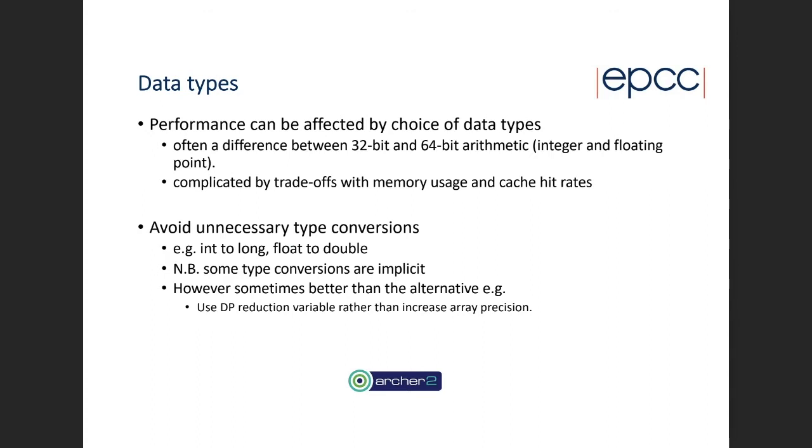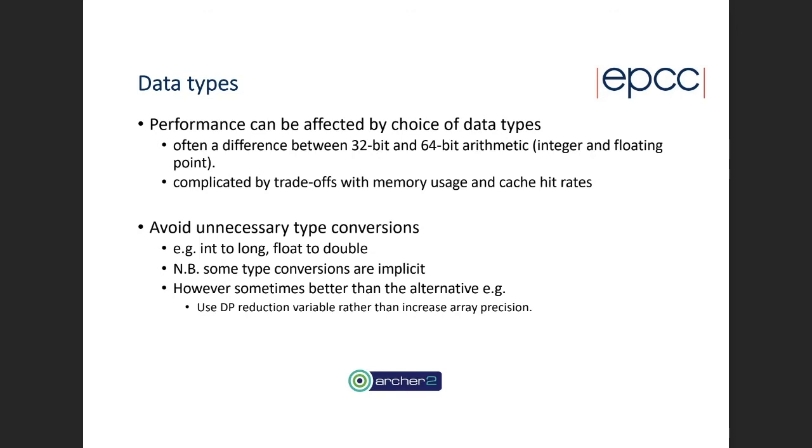Okay, data types. Your choice of size of data types can affect the performance. There's a difference between 32-bit and 64-bit arithmetic. Numerically your algorithm may not be able to tolerate anything less than 64-bit, in which case, fine, okay. If your numeric algorithms are not so numerically sensitive, then you might want to ask yourself, well, can I use 32-bit?